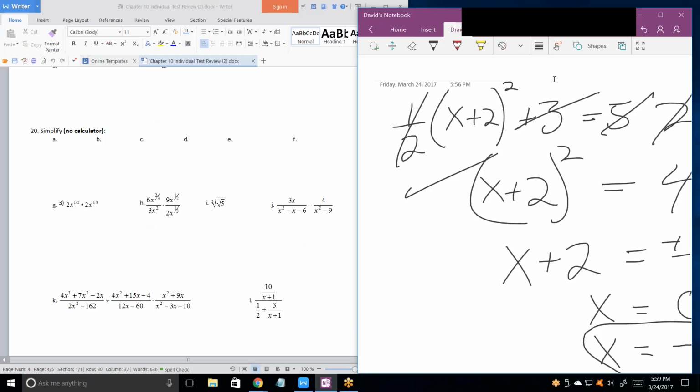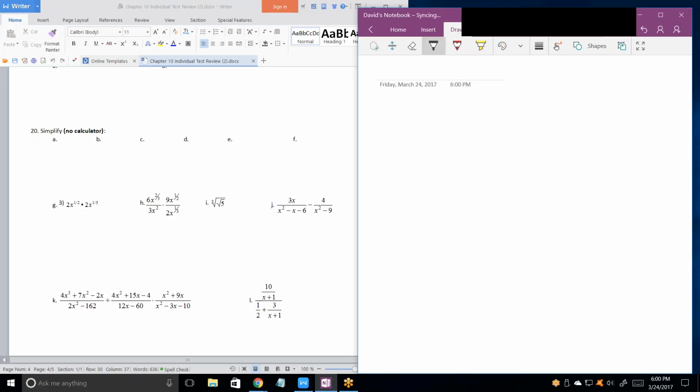Some of these problems are a little tricky, like the cube root of the square root of 5. How would you do that, just in the minute that we have left? How would I do this problem right here? Convert everything to fractional exponents.